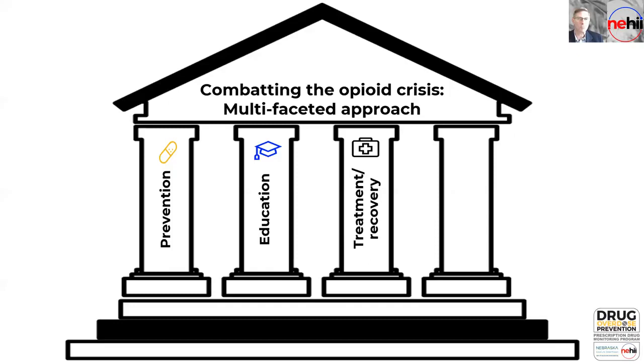That needle and syringe is probably the least expensive. There are discount cards available if your insurance doesn't pay for it, and you can get that for as low as $15 or $20.